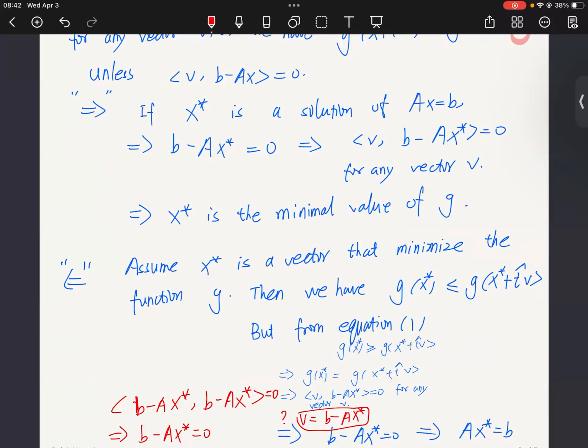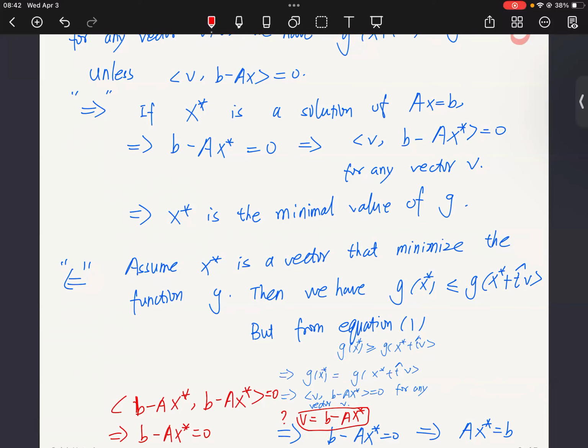We separated the proof into two parts. In the first part, you calculated how to get the minimal values along these directions. After we get that, we prove both directions. Any questions? And this is the proof, and it's pretty important in the conjugate gradient theorems.